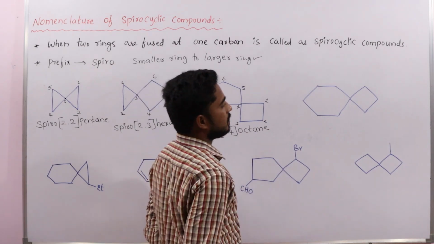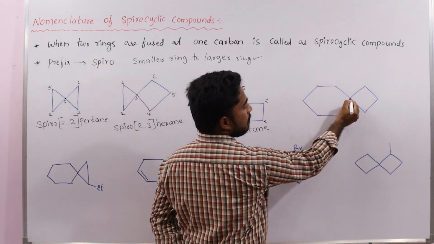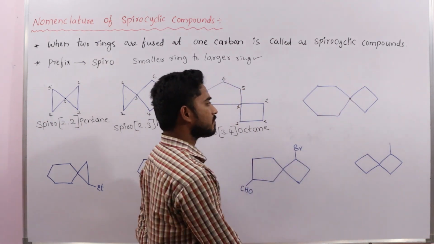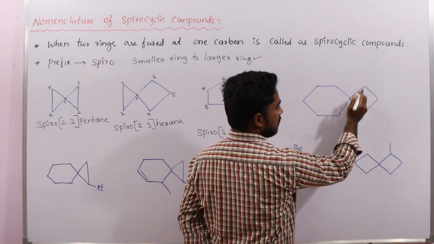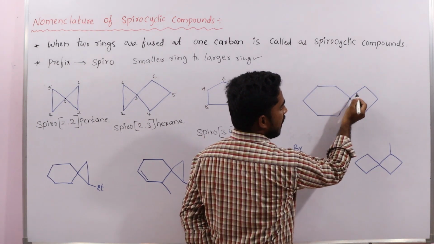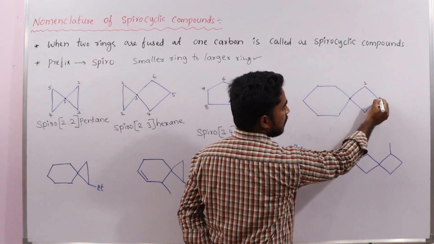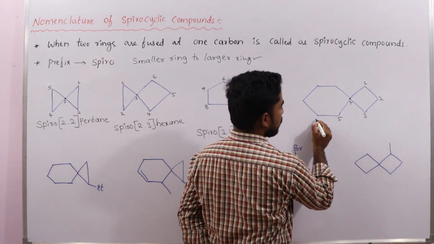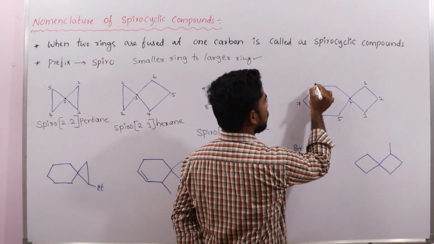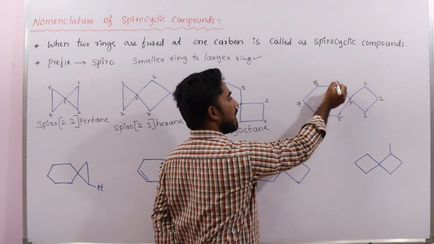Next, in this molecule, here also two different rings are fused at one carbon, the spiro atom. You have to start numbering from the smaller ring, next to the spiro atom. Here we start numbering 1, 2, 3, 4, 5, 6, 7, 8, and here 9.